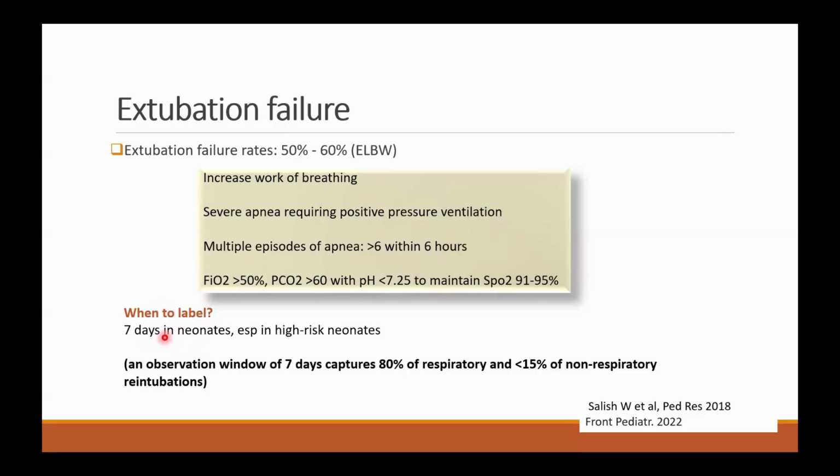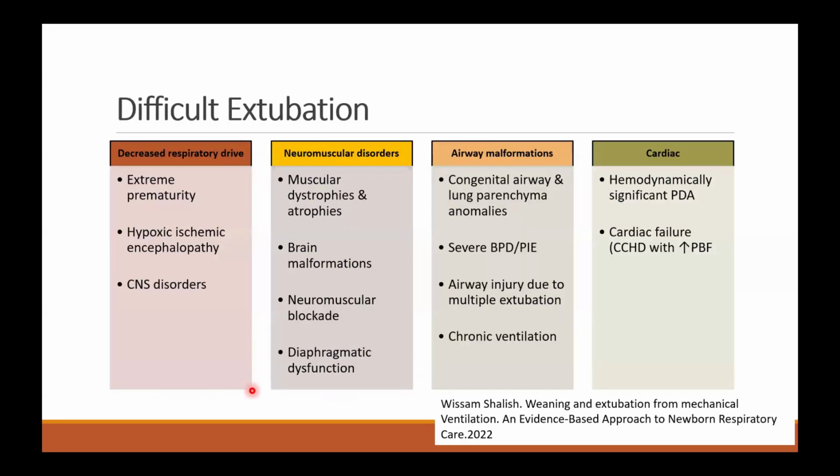It is found that a 7 day window should especially be used in high risk neonates, as the 7 day window captures 80% of the respiratory and less than 15% of the non-respiratory causes related reintubations. Non-respiratory causes related reintubations are most commonly sepsis in our scenario, or NEC or some other causes.